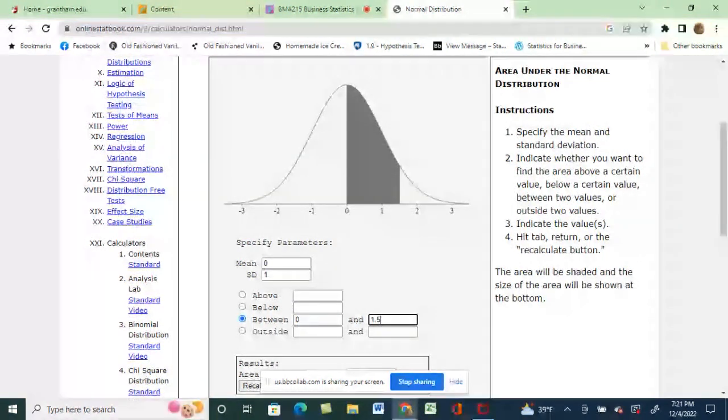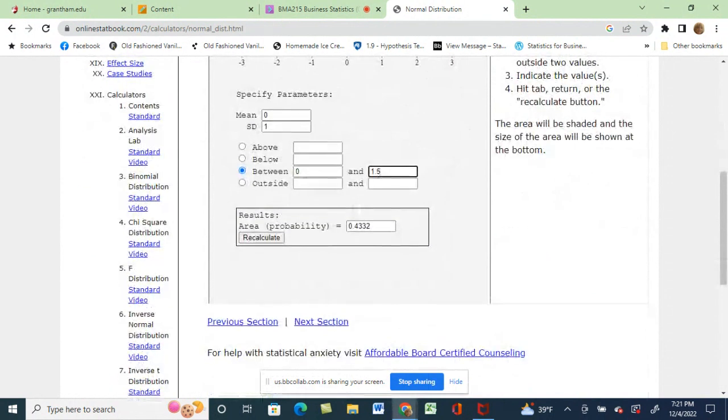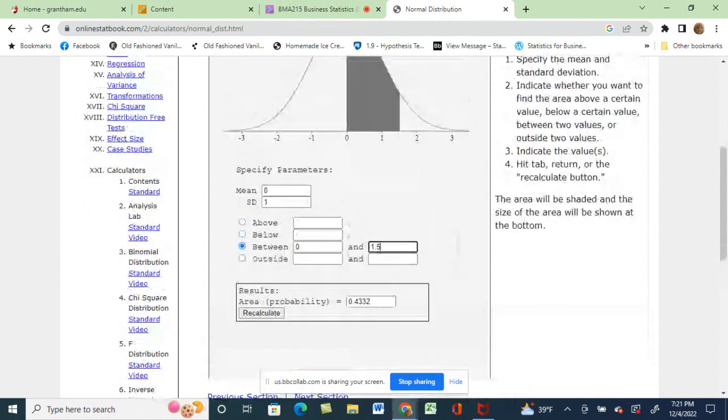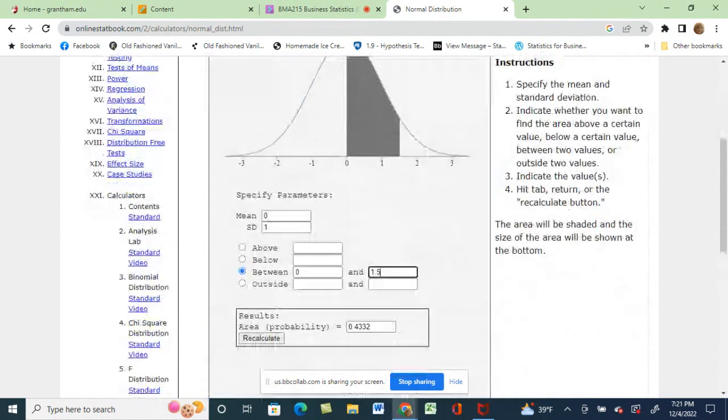Your picture is 0, which is the mean. Okay, your z-score is 0. That's always the mean. And it goes to 1.5. See, it's between 1 and 2 on the x-axis. So the area that's shaded is your probability, which is 0.4332.